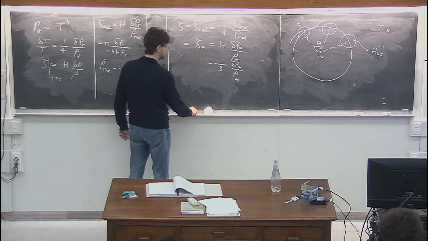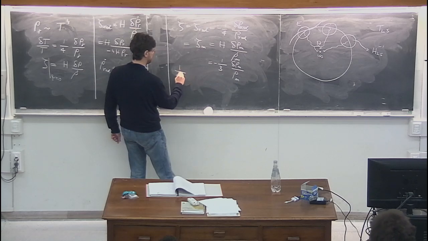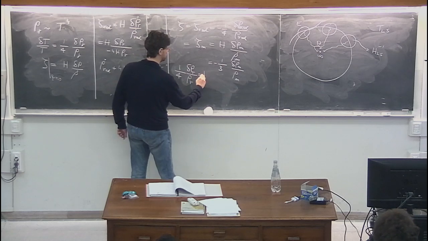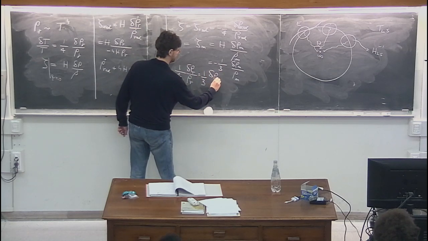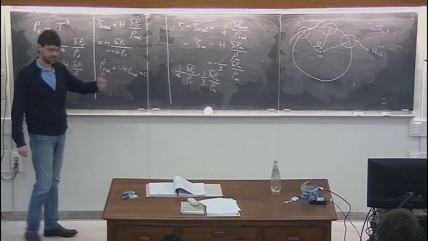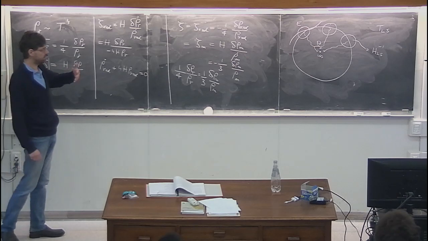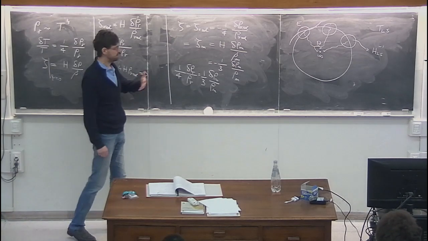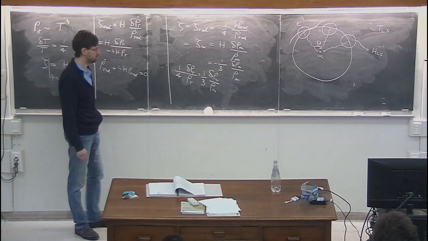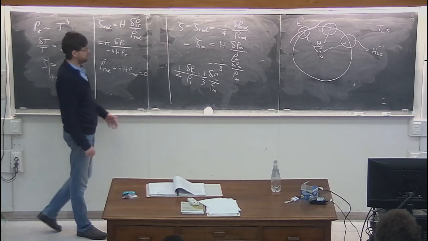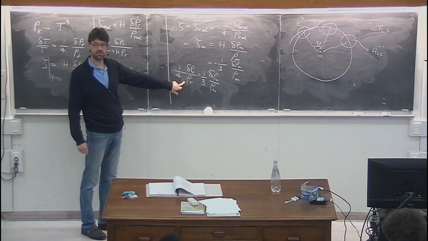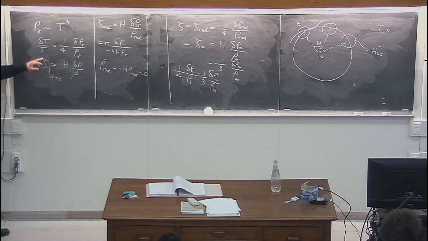So from here I get the fundamental relation: 1/4 delta rho radiation divided by rho radiation has to be equal to 1/3 delta rho matter divided by rho matter. Okay? So when we go from inflation to radiation to matter, these fluctuations are communicated to the fluid using this condition, which is called the adiabatic condition. Okay, so you get this. But you see now that 1/4 delta rho radiation over rho radiation is nothing else than delta T over T.